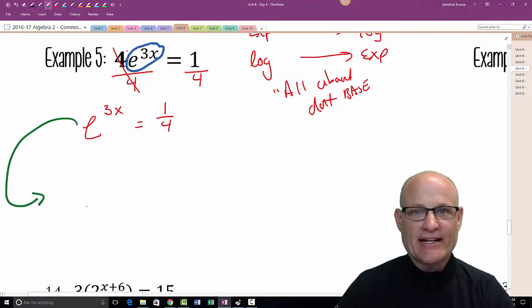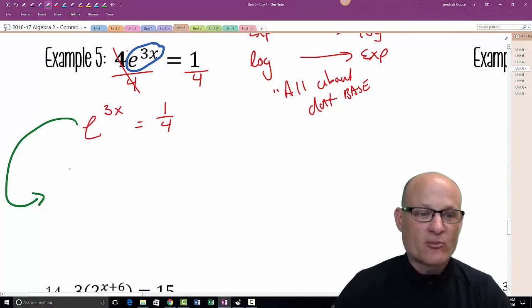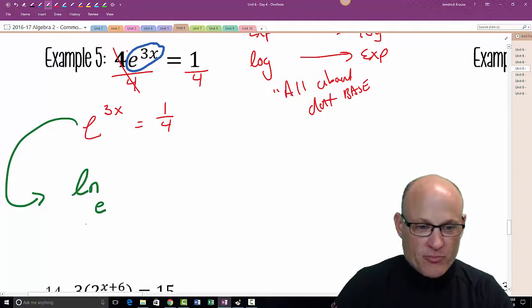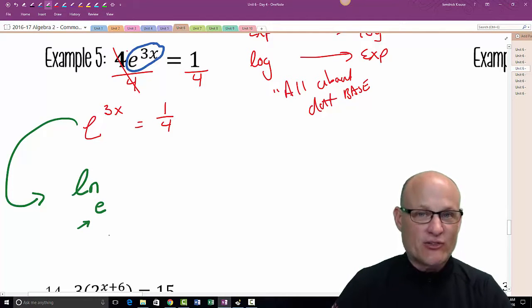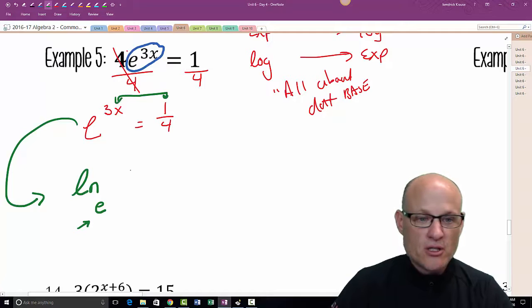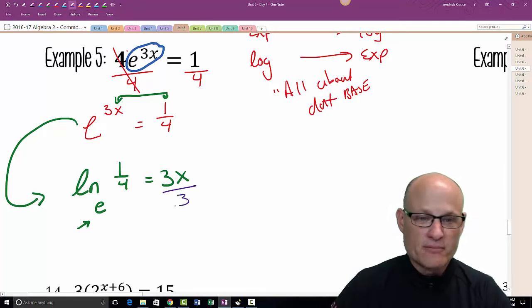So wait a second, this is the natural base e. So in order to use the natural base e, I have to use the natural logarithm. All about that base. I'm going to write this base down here. Remember, that's not really necessary. So natural log, base e, these two switch: the natural log of 1/4 is equal to 3x. Well, I'm almost done. It says solve for x, so I'll divide by 3.